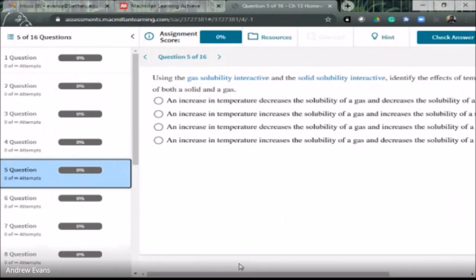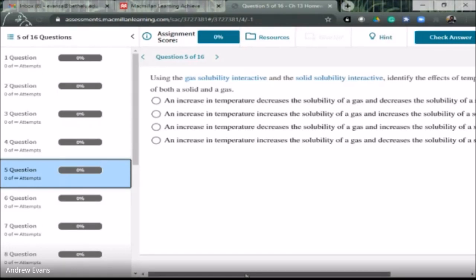So more often than not, when you increase the temperature of a solution, solids and liquids will dissolve better, but gases will dissolve worse because gases don't have many intermolecular forces in the first place. So when you increase the energy there, it's even easier to escape.